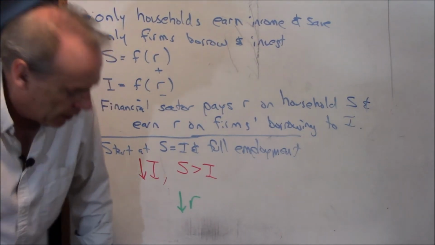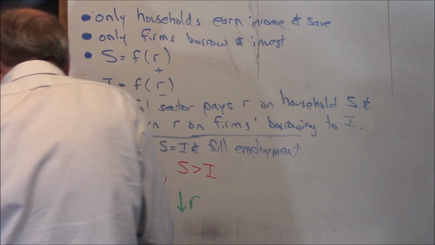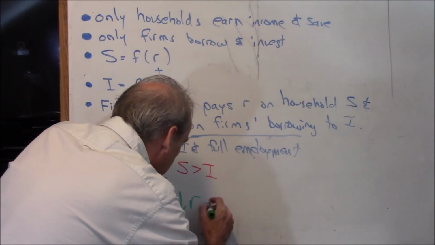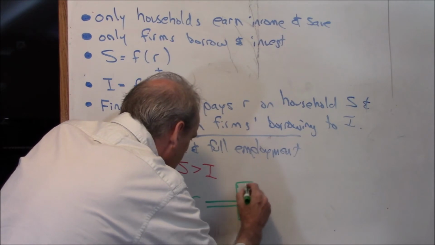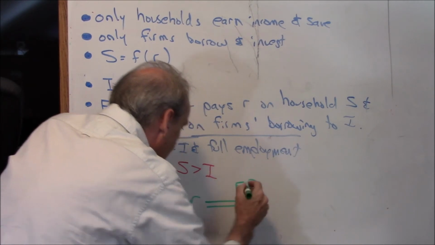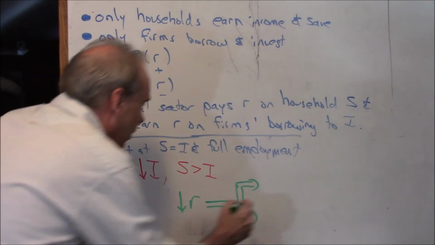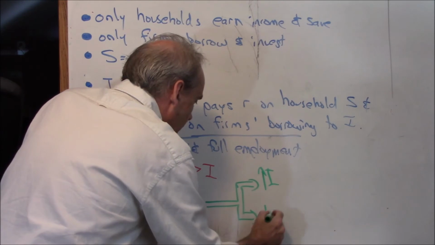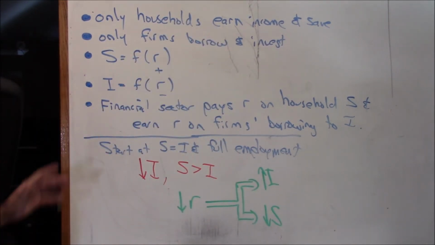So now when you lower the interest rate, let me move my chair out of the way here. When you lower the interest rate, I'm going to have to do a long arrow out here to get away from my S greater than I. That's going to, as I've already said, raise investment and lower savings. And remember, if you're not saving, then you must be consuming.